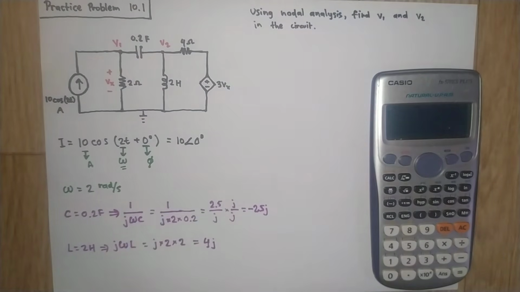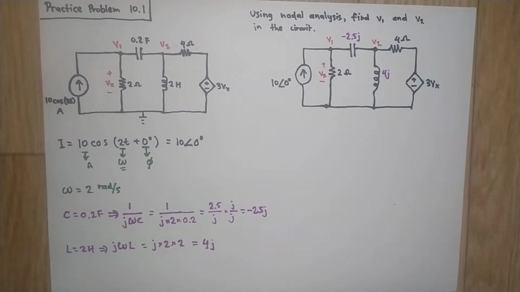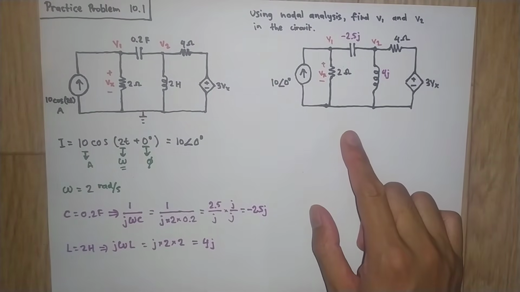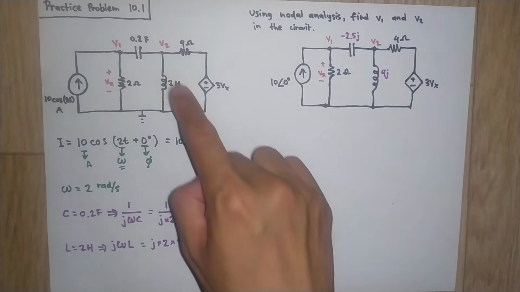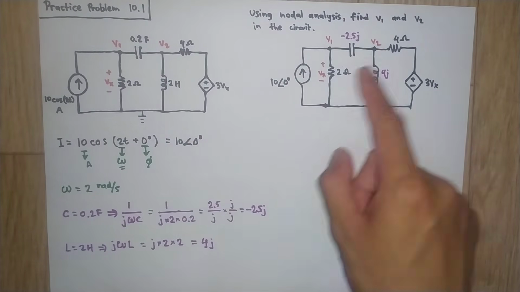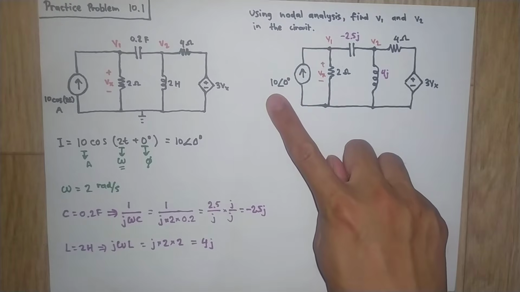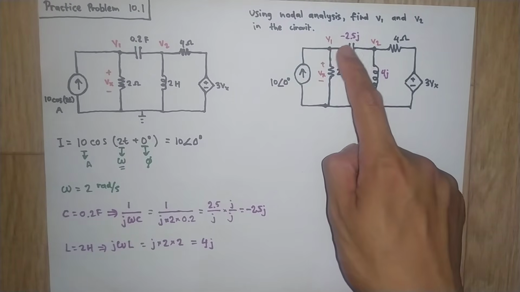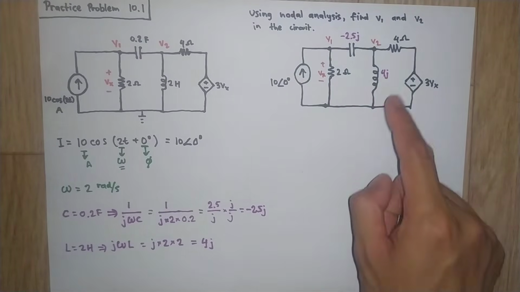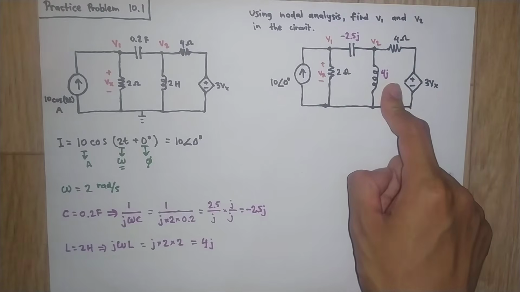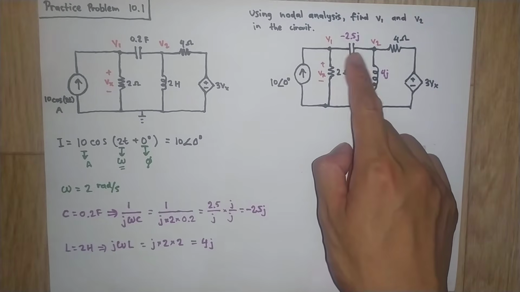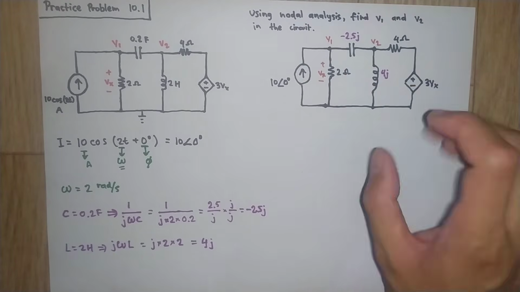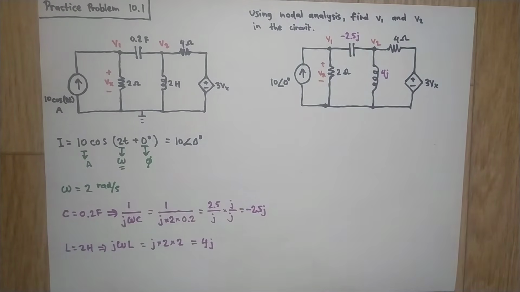Now let's replace all the time domain values with frequency domain values. Now we have our new circuit, with the current source, capacitor, and inductor in the frequency domain. This one is 10 angle of 0 degrees, this is minus 2.5j, and this is 4j. We change into this because we can treat the capacitor and inductor just like resistors, but involving complex numbers.